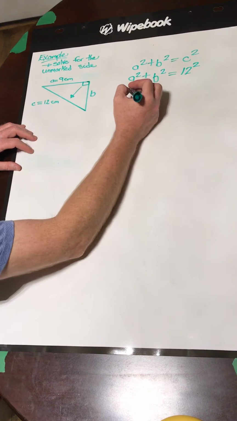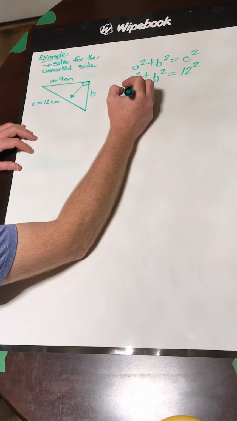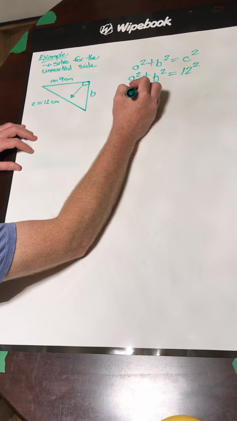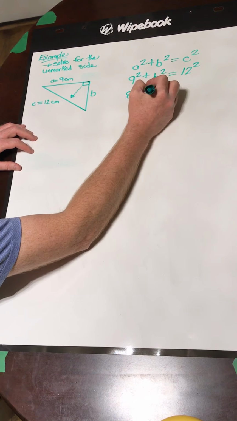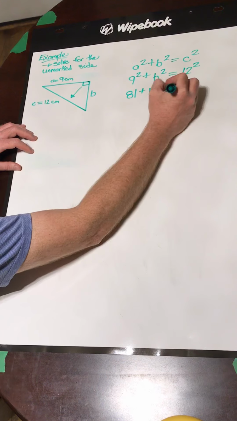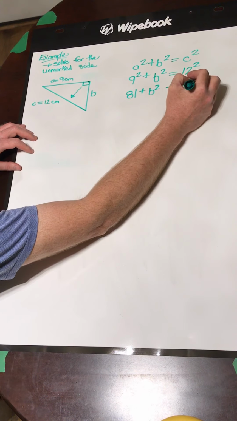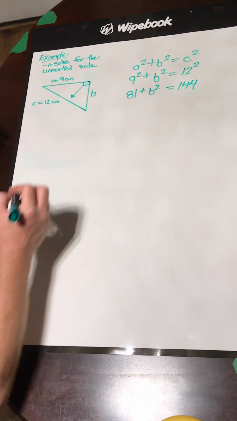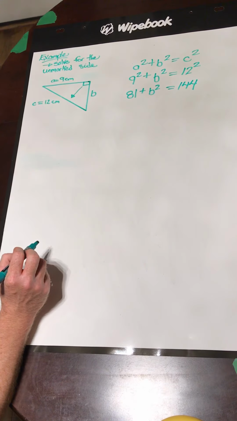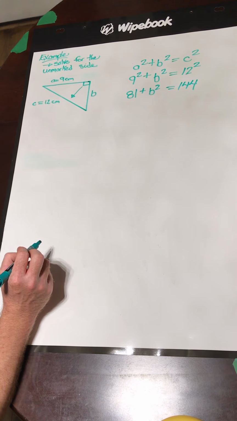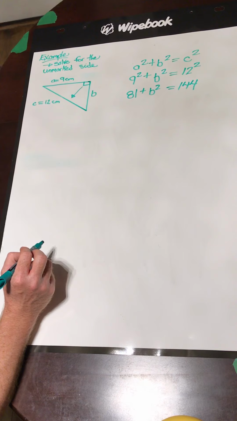Okay, I simplify here, so 9 squared is equal to 81 plus B squared is equal to 144.